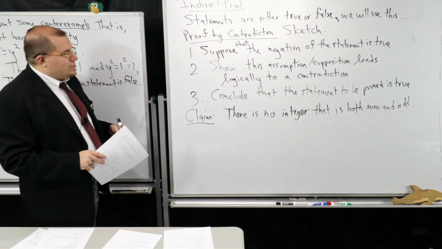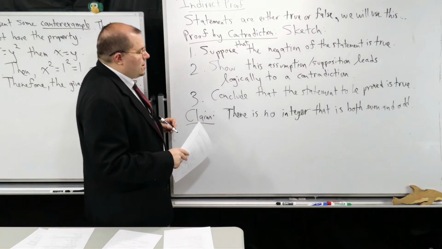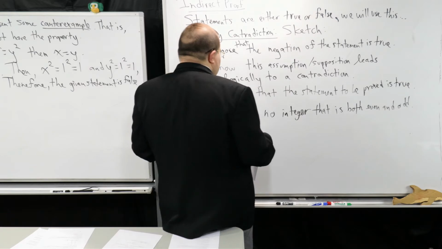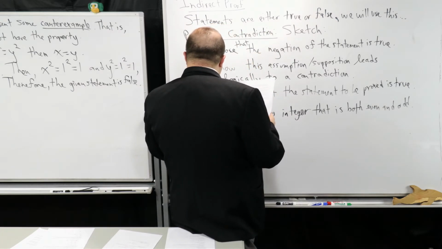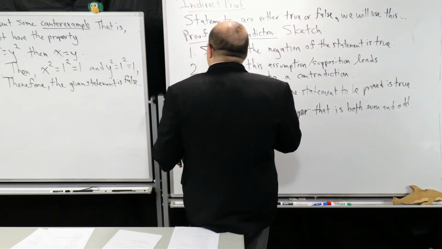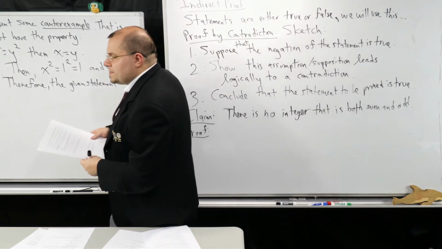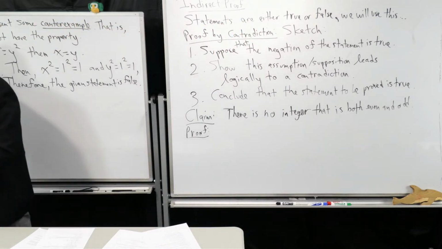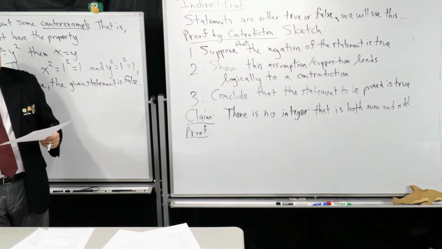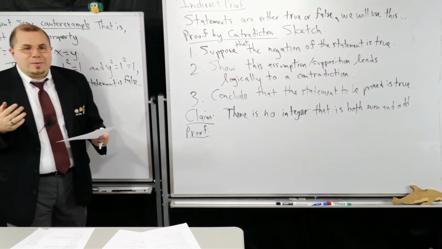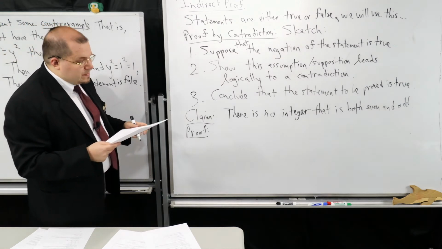There is no integer that is both even and odd. So what do we do based on this sketch? If I'm saying there is no integer, that means there is no such thing, right? That means it's a universal statement.